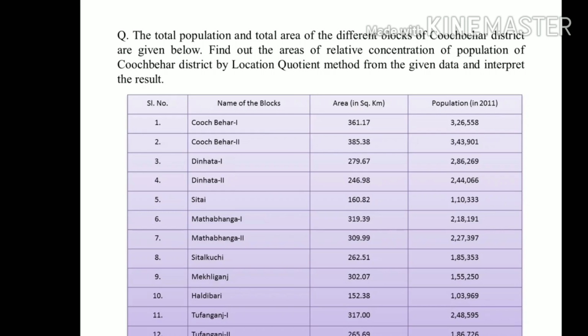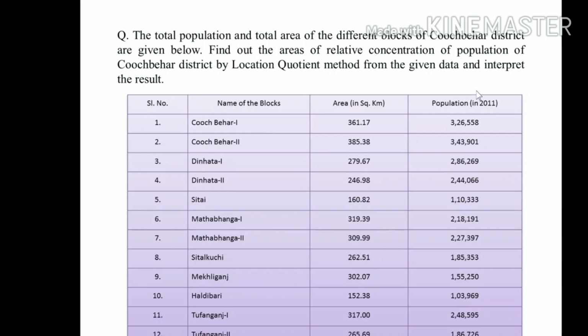You see, when you calculate the location quotient, there must be two variables. Here the variables are area and population for the blocks of Coochbehar district. It may be scheduled caste population and total population, or labor employed in a particular industry and labor employed in all the industries in a region.